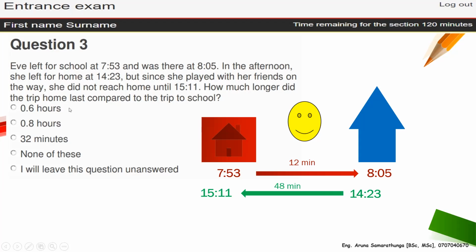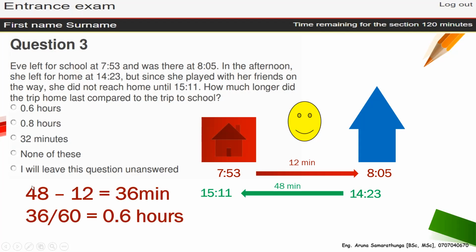How much longer did the trip home last compared to the trip to school? So you have to subtract the 12 from 48. This is how much longer the trip home lasted compared to the trip to school. This is the additional time she took when she came back home.